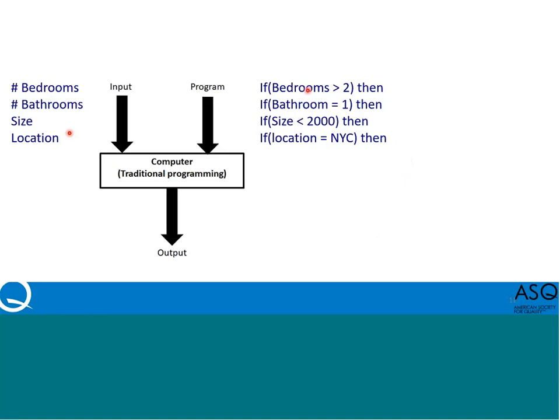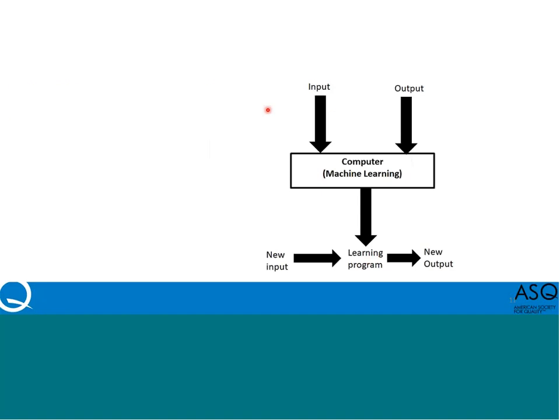If there are more than 2 bedrooms, then increase the price by X. If there's only 1 bathroom, then decrease the price by Y. So a traditional program would have all these handwritten rules, and these could get very lengthy and confusing, but maybe at the end you end up with something useful, an estimated listing price. So this might be subject matter expertise in forming a computer program.